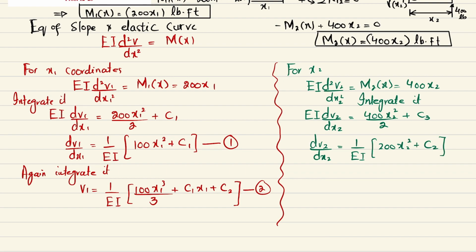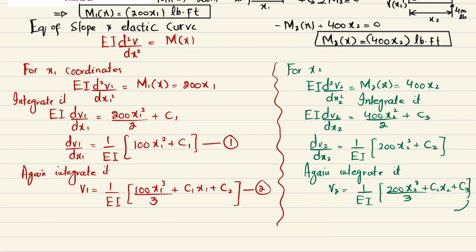Again integrate the above equation, so you will get v2 is equal to 1 over EI into 200 x2 cubed over 3 plus c3 x2 plus c4, and let this be your equation number 3, and this is your equation number 4.